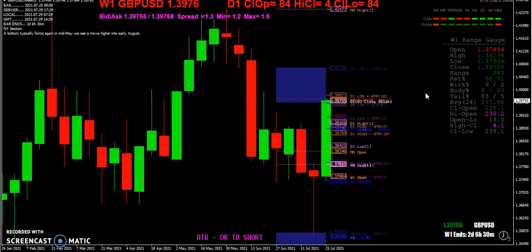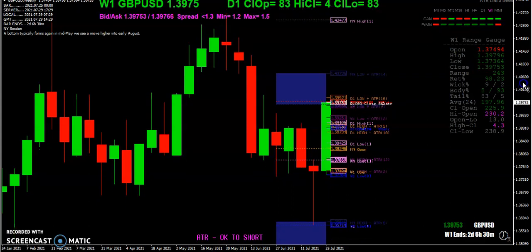So the weekly range was 243. The average over the last 24 weeks was 197. So you can see that it's definitely above the average.